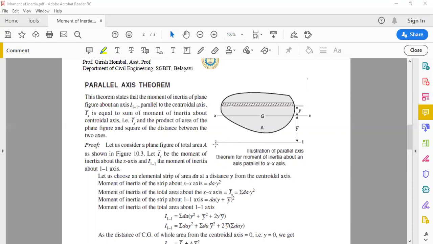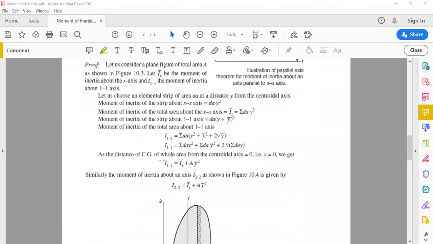So moment of inertia about the 1-1 axis is equal to Ixx, that is the axis parallel to 1-1, plus A y bar square. That is what I am going to prove now. So we can see here I11 is Ixx plus A y bar square. So this is the proof.